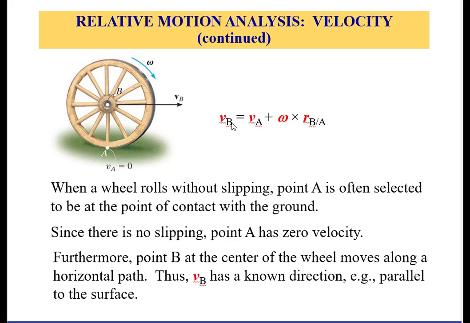Then because VA is 0, this is going to give us simply that the velocity of B is simply omega, which, if this is a 2D problem, is going to be omega k cross RBA, RB as seen by A. So its vector is going this way. It's going to give us a linear translation of B as expected.